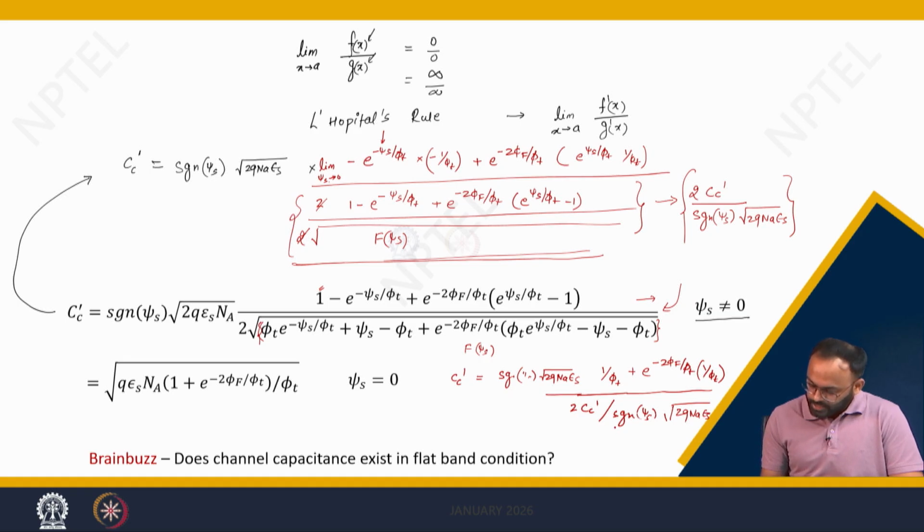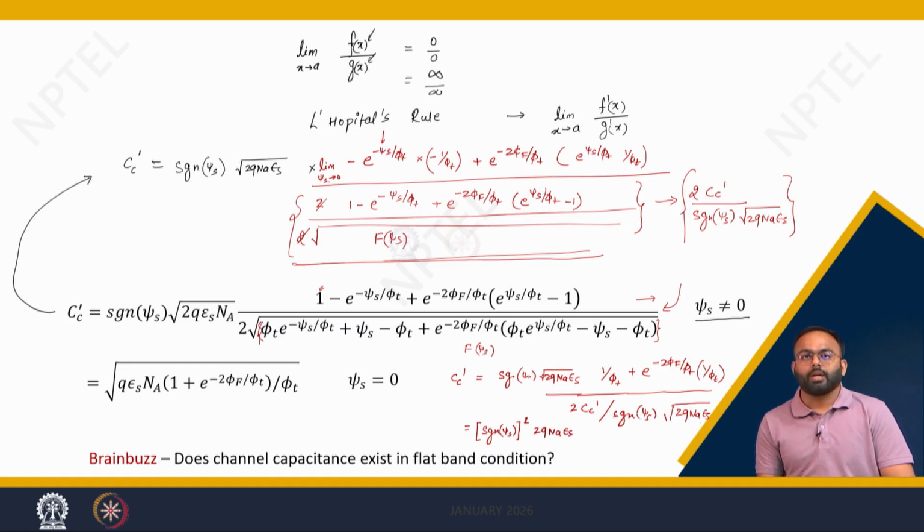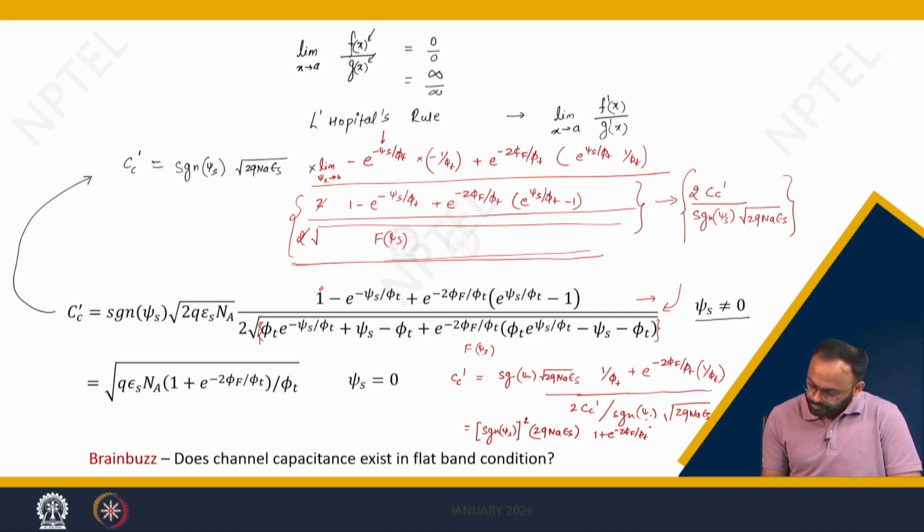Again, the signum will go in the numerator and you will get signum square. Similarly, you will get 2 into q into Na into epsilon s, because the square root of 2 into q into Na into epsilon squared is this value. This is nothing but 1 plus e to the power of minus 2 phi f by phi t divided by phi t, and you are left with 2 in the numerator, and this becomes C c dash square, correct.